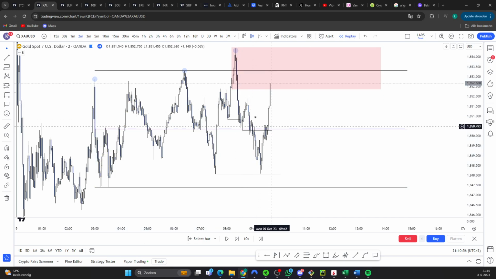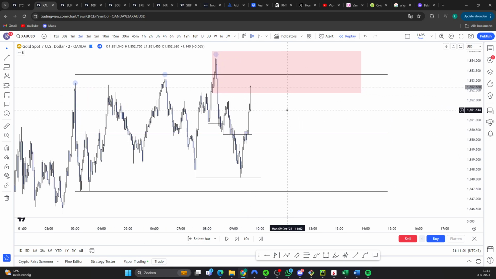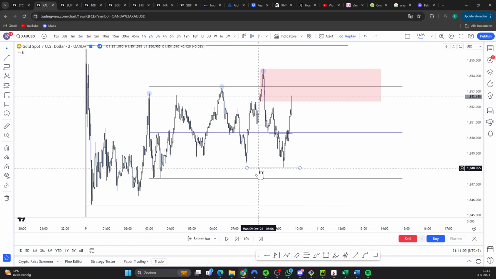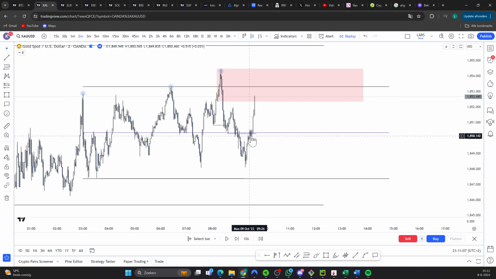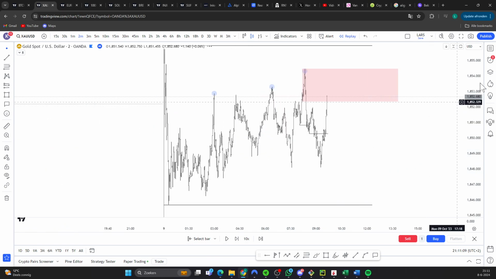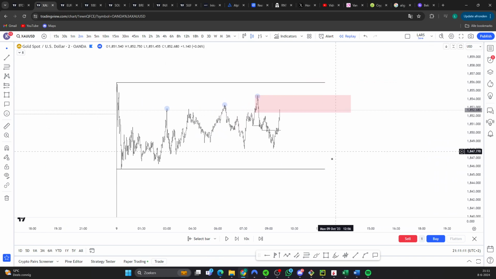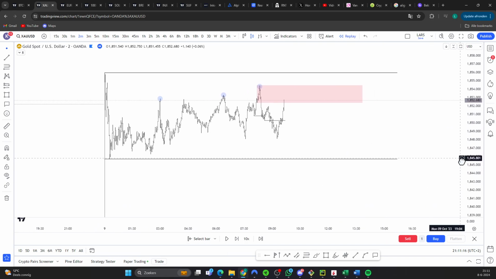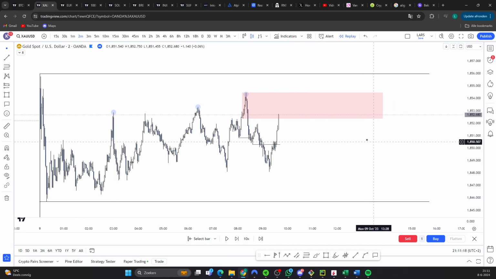I'm not filling this in because I was too late with pulling it. I already saw the move down, so. Let's see if we can get something in here now. It's like I'm missing something, but my range.